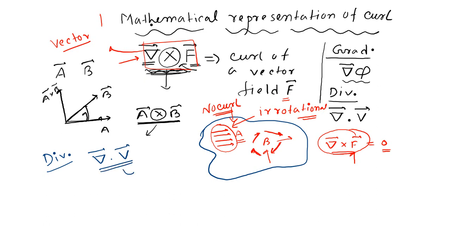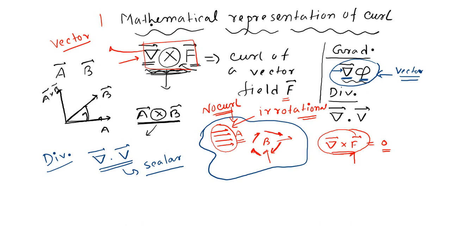Since it is a dot product, it gives you a scalar function. And what about the gradient? Here nabla is a vector differential operator acting on a scalar function, but the gradient itself is a vector quantity. So this is the basic difference among the gradient, divergence and the curl.